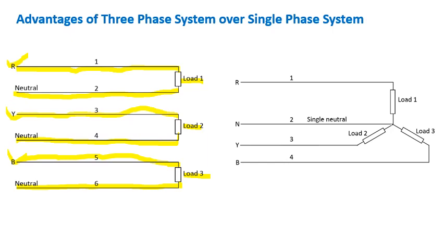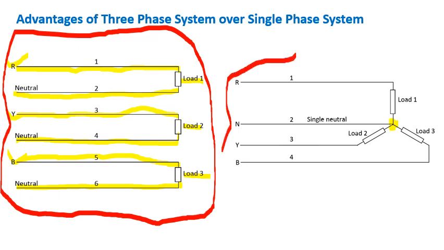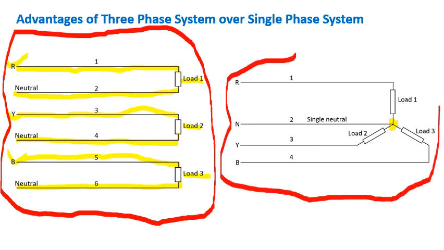If the neutral of all these loads is tied together at this point, you need only one conductor as a return path for the current. So the loads which were fed by 6 conductors can also be fed by using only 4 conductors.